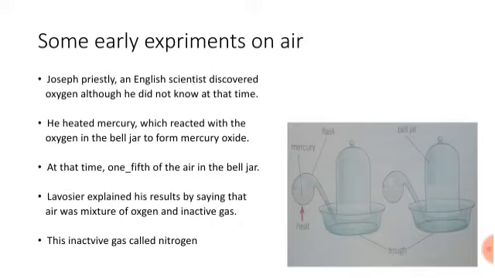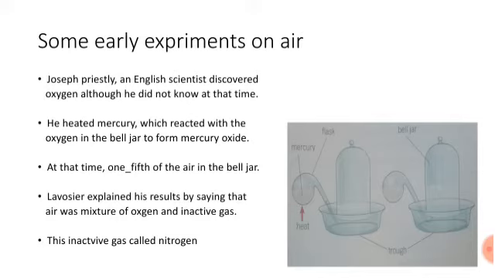So to test the air, Joseph Priestley, an English scientist, discovered oxygen, although he did not know it at that time. For a long time, Priestley thought he had simply found a new kind of air in which things burn much more brightly.